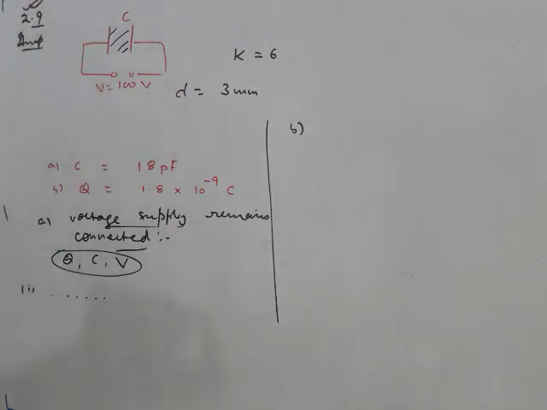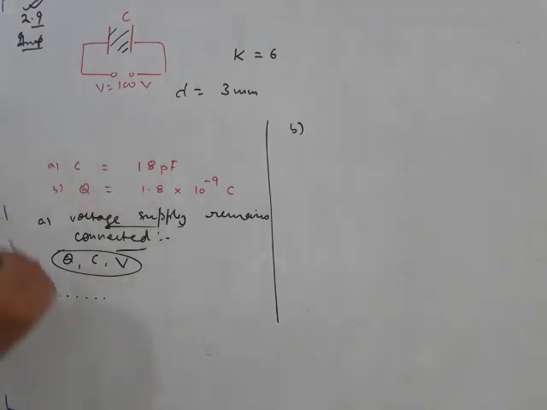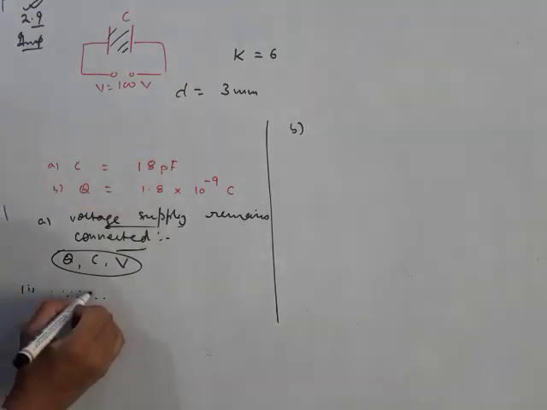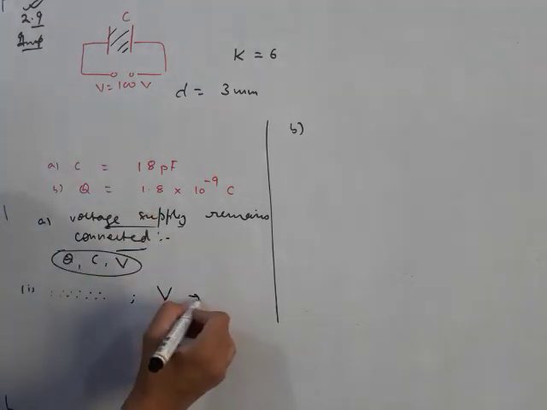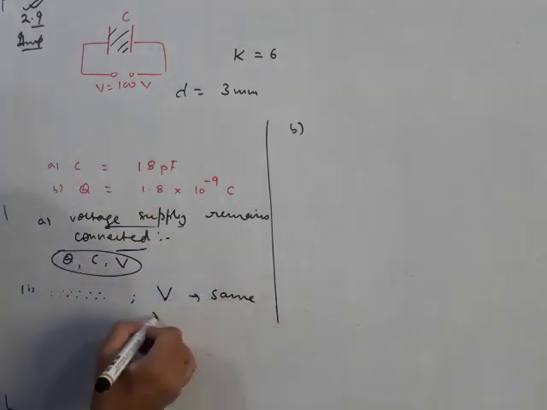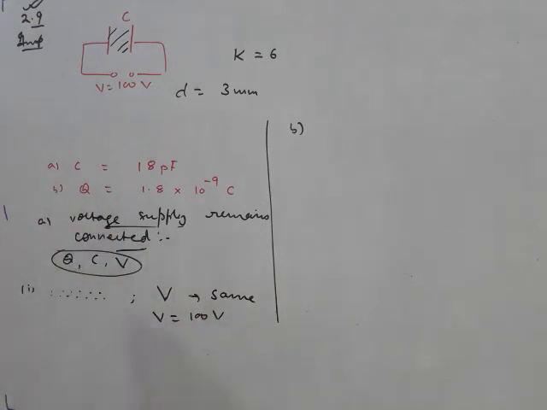Even if we insert a dielectric, something will go on, but the battery will do its work. It will continue to create a potential difference of 100 volt. So what will be your answer? Since the battery remains connected, the potential difference between the plates of the capacitor would remain the same. That means V is equal to 100 volts. Then second part.